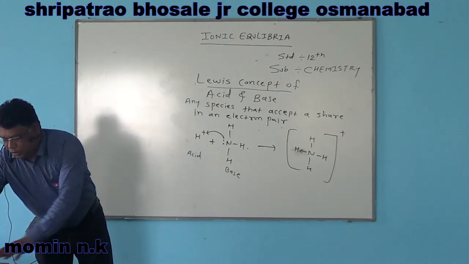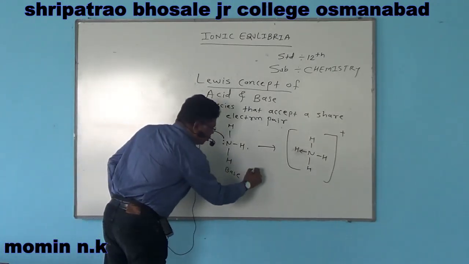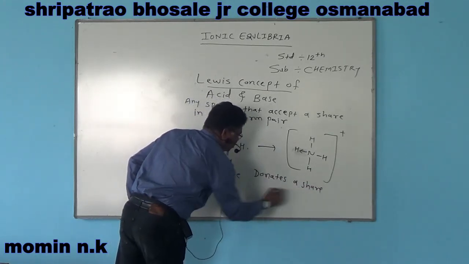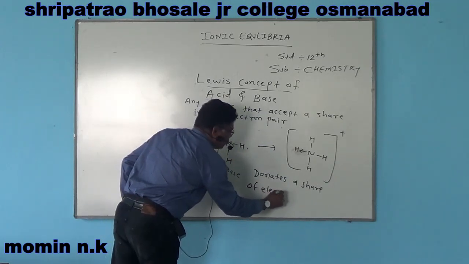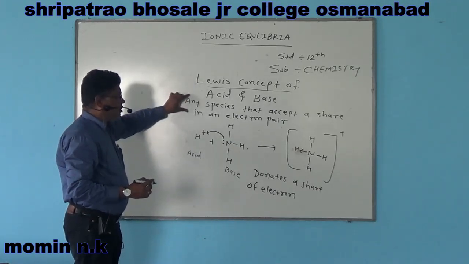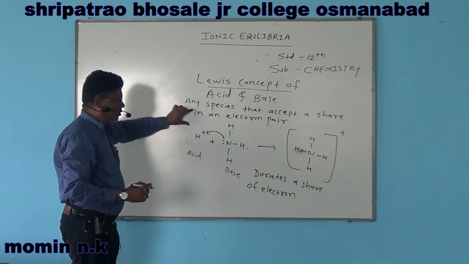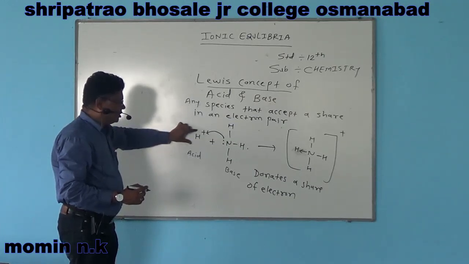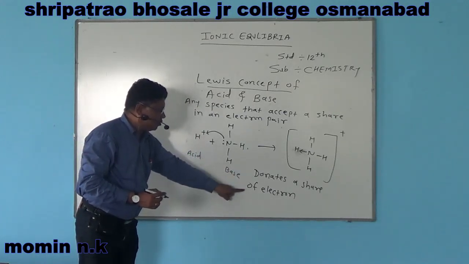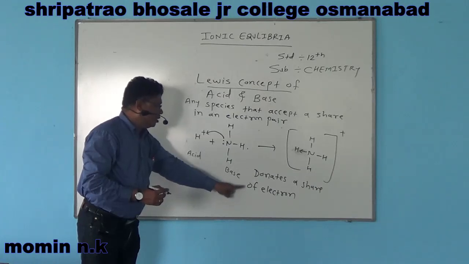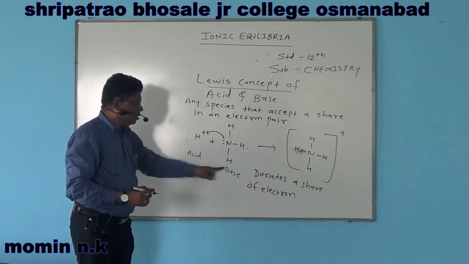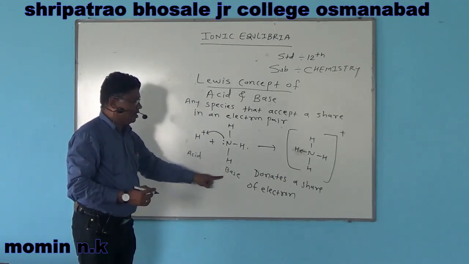Because any species that donates a share of an electron pair is called base. So according to Lewis, the species that accepts a share in an electron pair is called acid, and any species that donates a share of an electron pair is called base. So here H plus is called acid while NH3 is called base.